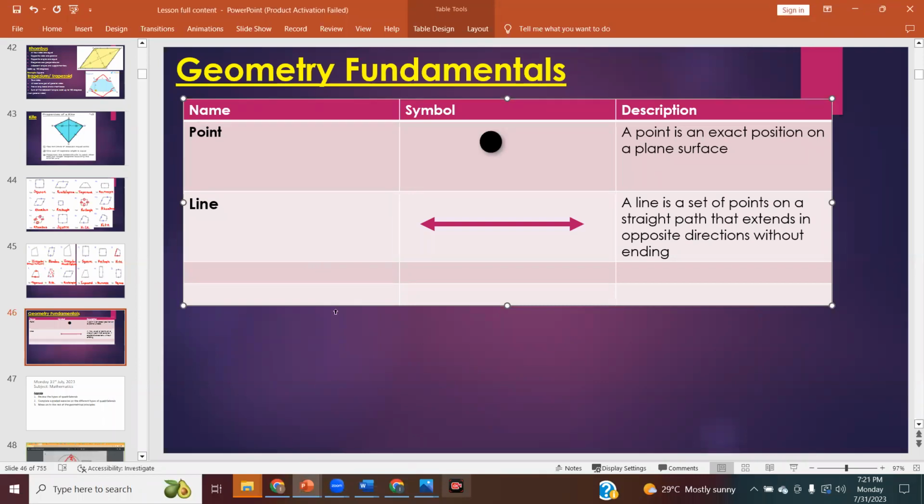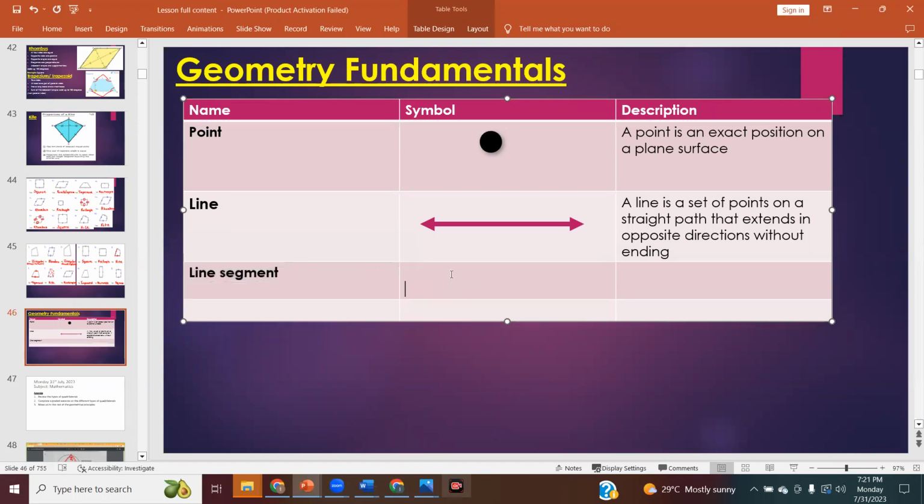Okay, all right, so the next one is the line segment. A line segment is different than a line because a line segment has a starting point and an ending point, okay?